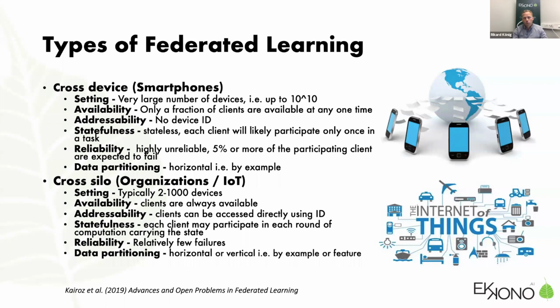And since you want to preserve privacy, you can't assume to know which phone the training derivatives are coming from. In the same way, you don't have any state, so the devices can't remember anything between the rounds, between the updates of the supermodel. And they are rather unreliable, since many people will unplug their phones while charging. You should expect that at least 5% of the participating clients will be lost during the training. So you need to handle all this complexity.